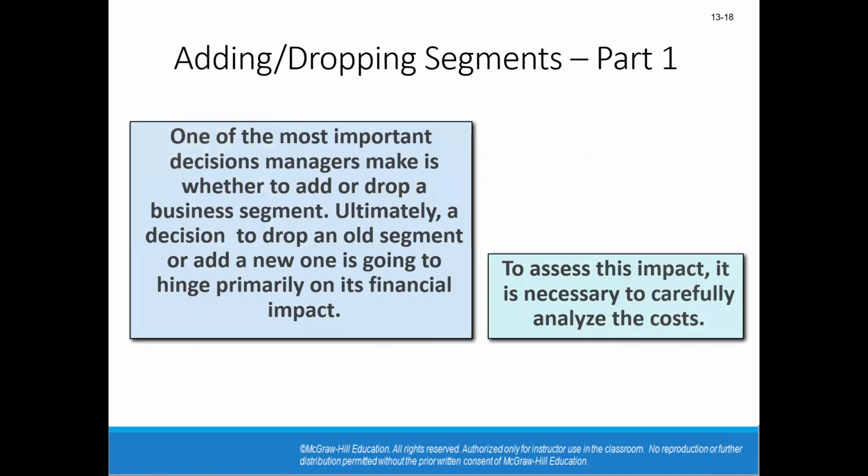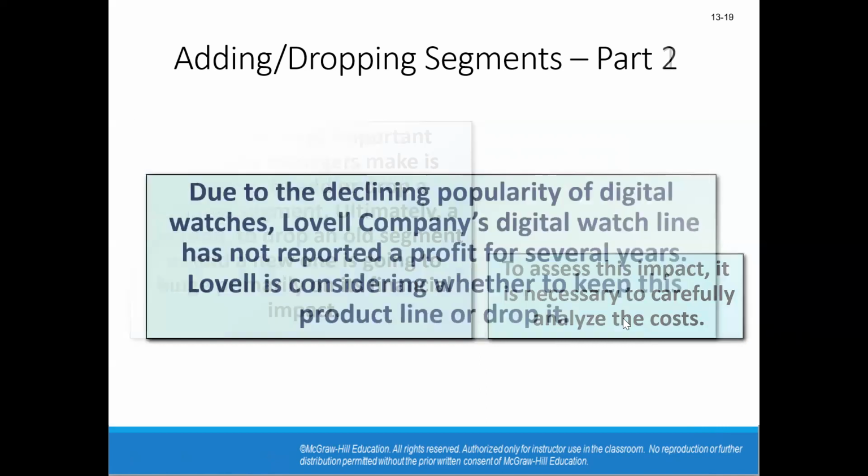One of the most important decisions managers make is whether to add or drop a business segment. Ultimately, a decision to drop an old segment or add a new one is going to hinge on its financial impact. So we've got to look at the costs.